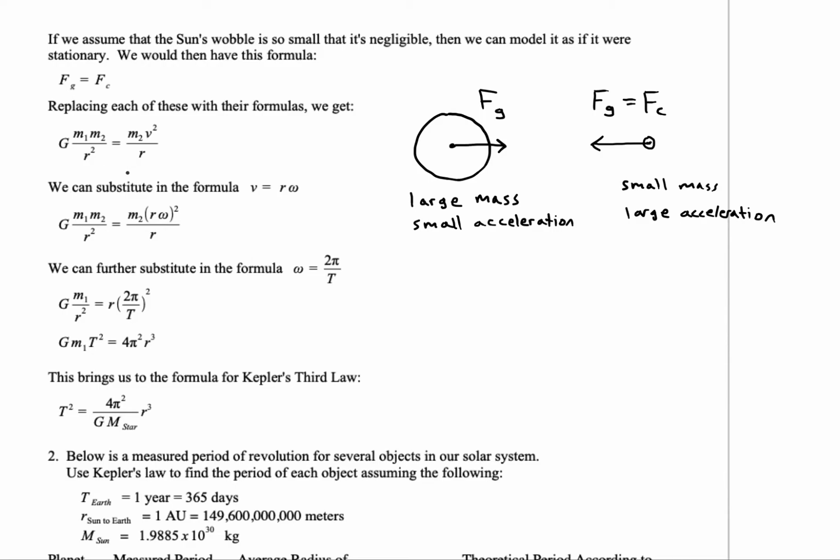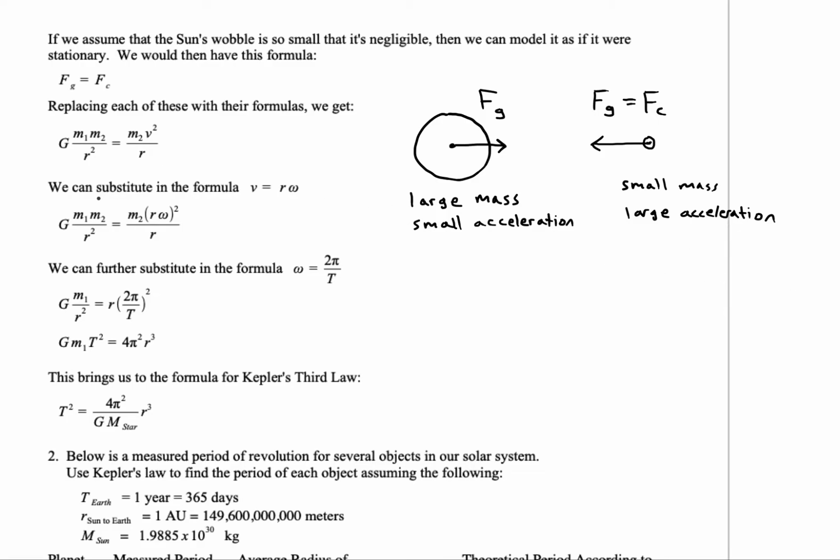The one on the right is the centripetal force formula, which says that a centripetal force would be based on the mass of the object feeling the force, the speed of the object, and that would be like a tangential speed, and r would be the distance to the object.